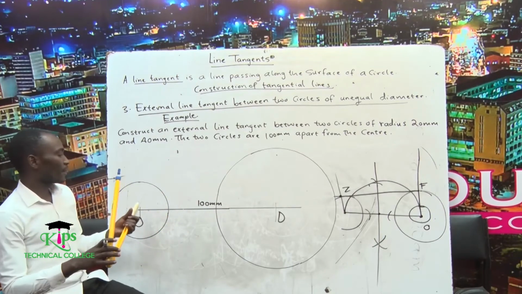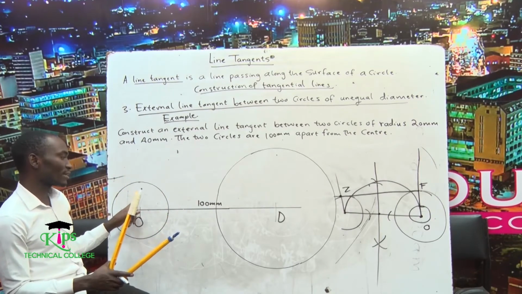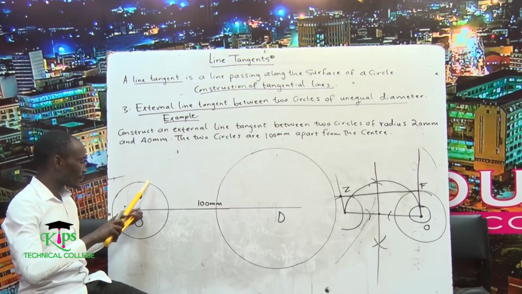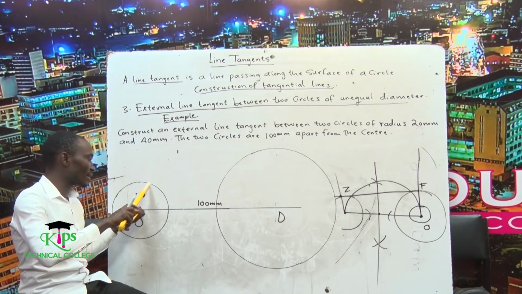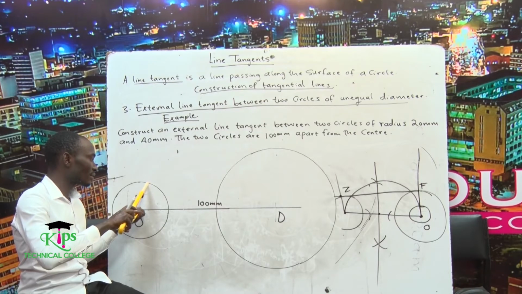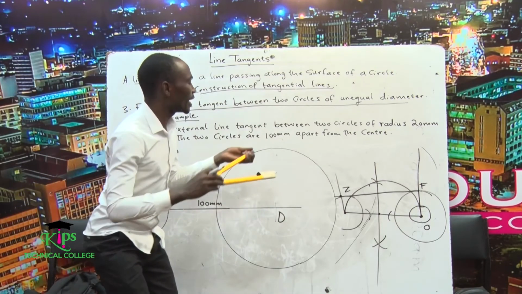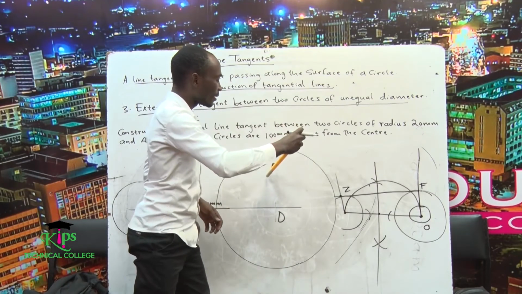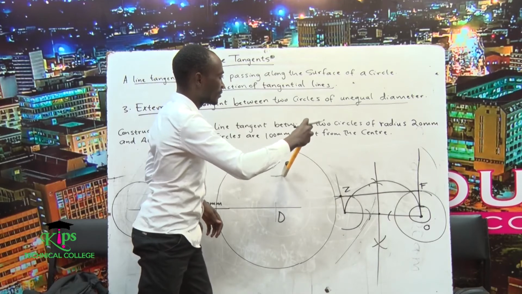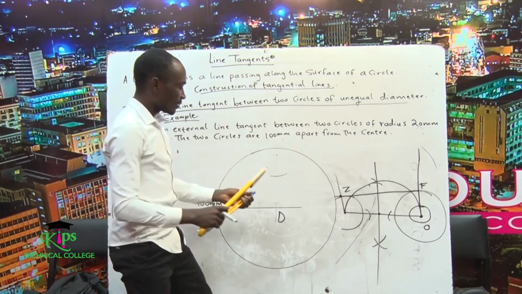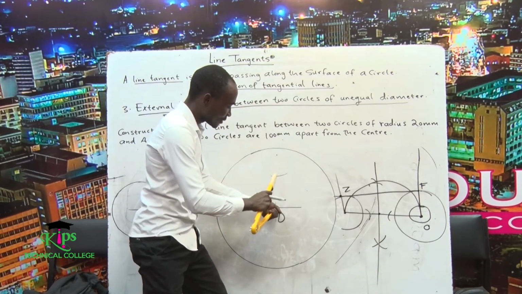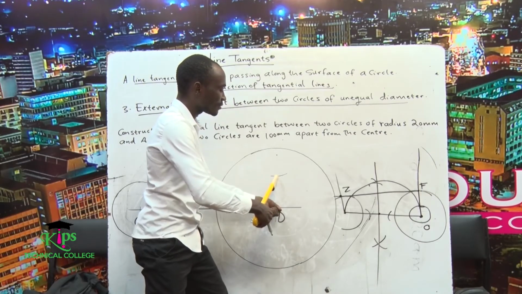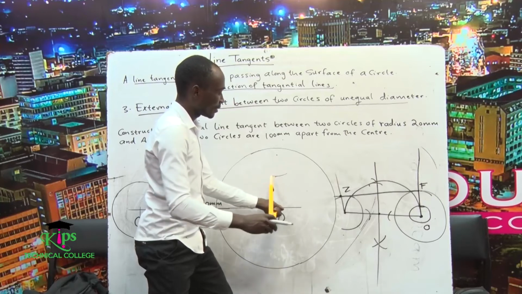From there, you will take the radius of this smaller circle, like this. Then standing at any point of this other circle, I will put a mark. Then standing at the center here, I will adjust my compass to where I have marked this arc.